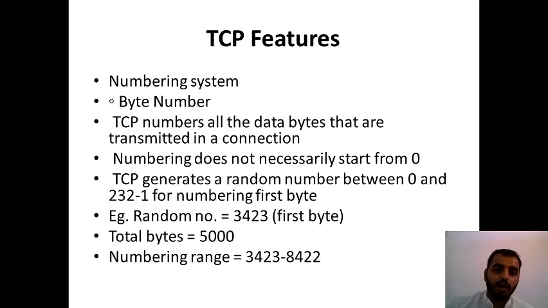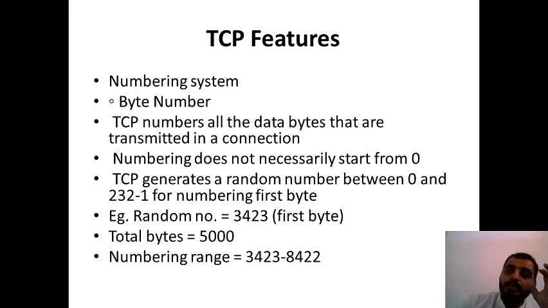Now what is the third point? TCP numbers all the data bytes that are transmitted in a connection. When you are sending students to classes, roll number 1 to 10 go in class 1, roll number 11 to 20 in class 2, roll number 21 to 30 in class 3. This is how I am dividing them into different segments and different data classes.